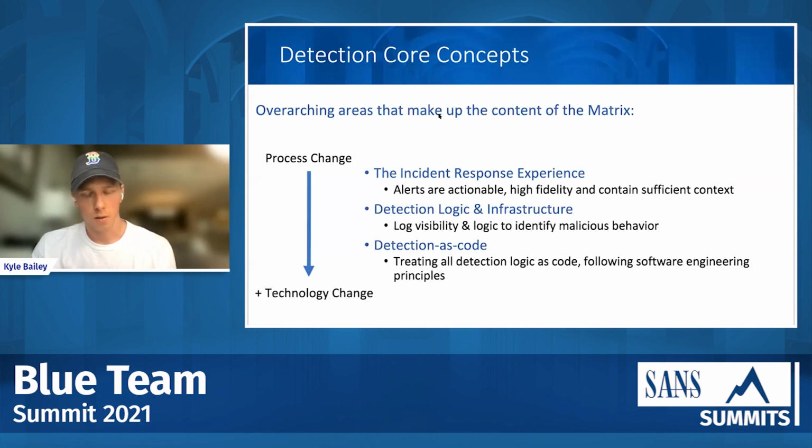And then last is a cool concept that I've really come to love over the last couple years, what's been coined as detection as code. So detection as code is basically the concept of treating your detection logic as code.